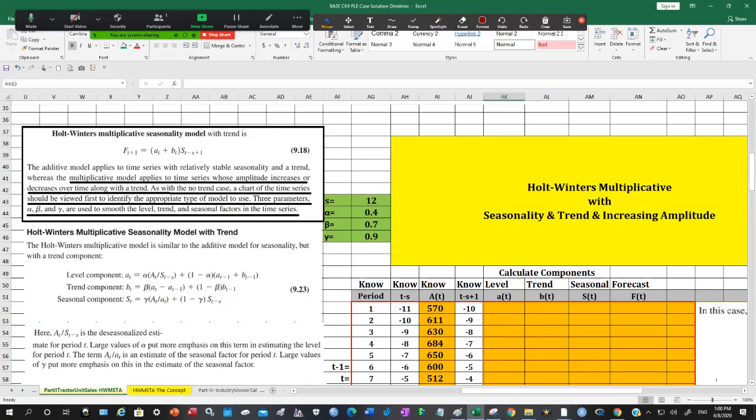All those concepts were described in a previous forecasting recording.